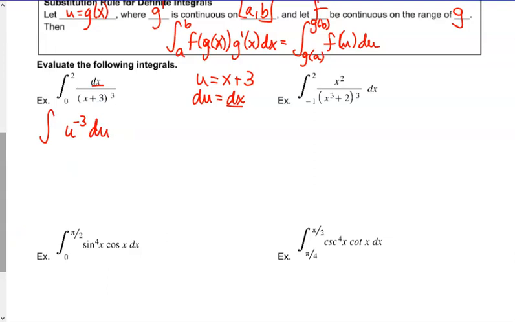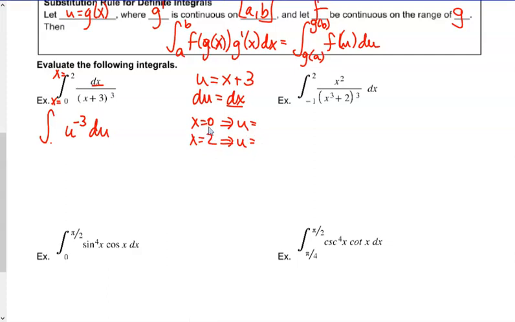Now, we don't want to use 0 and 2 because this is x equals 0 and x equals 2. So if x equals 0 and x equals 2, then I need to know what u is in order to evaluate in terms of u. So what do we do? Well, I'm going to take 0.